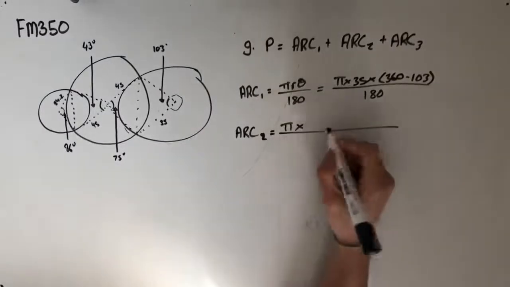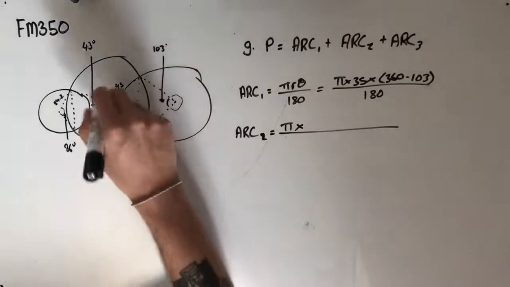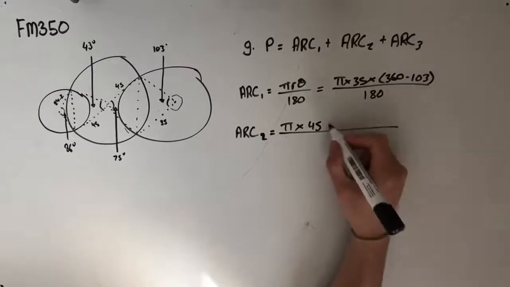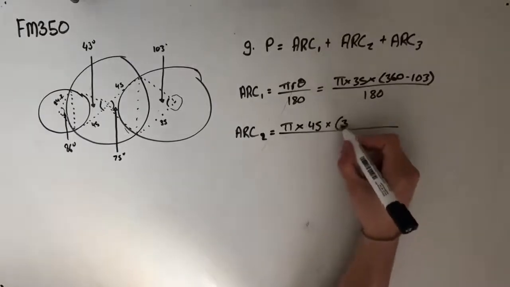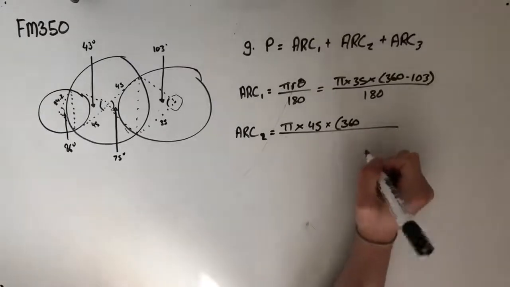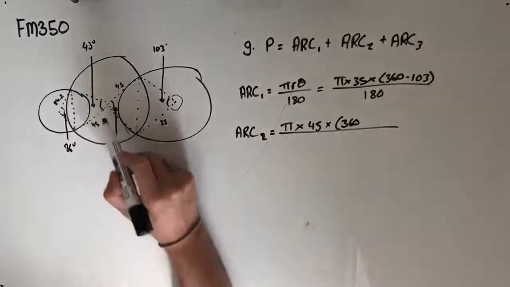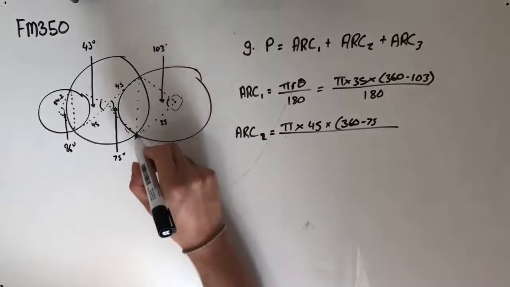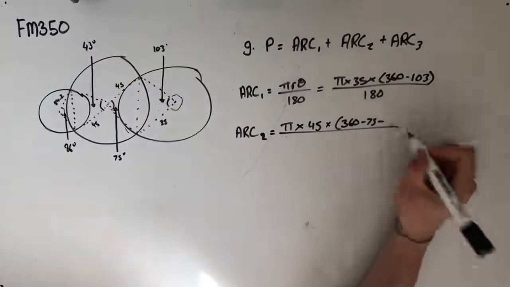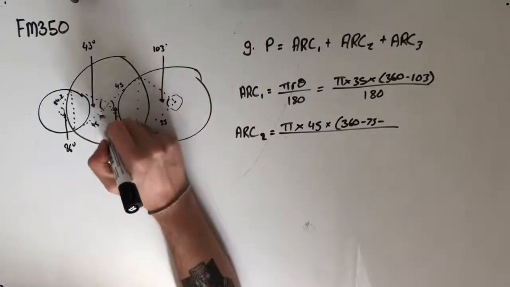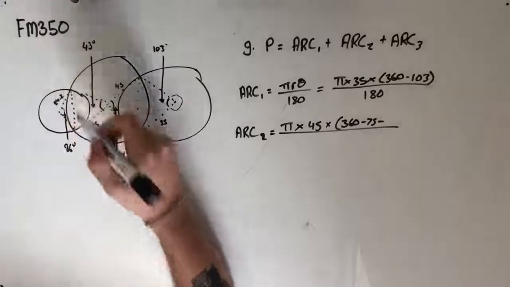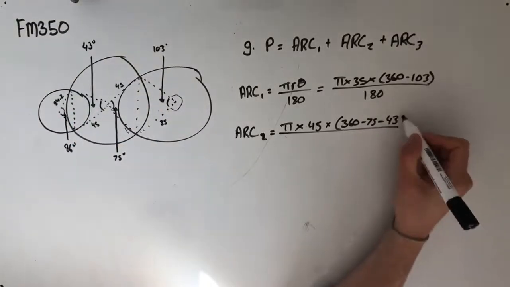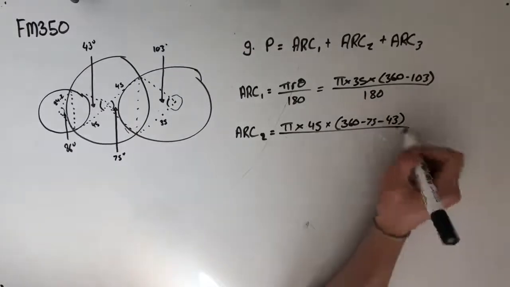We're going to do pi times, and this time we've got a radius of 45. Now this one's a little more tricky, but still very doable. 360 degrees, and we're going to subtract this first 75 degrees that we don't need, because we don't need this arc here. And we're also going to subtract the 43 degrees here, because we don't need this part of the arc either. So we're going to subtract 75 and subtract 43 to be left with whatever's left over.